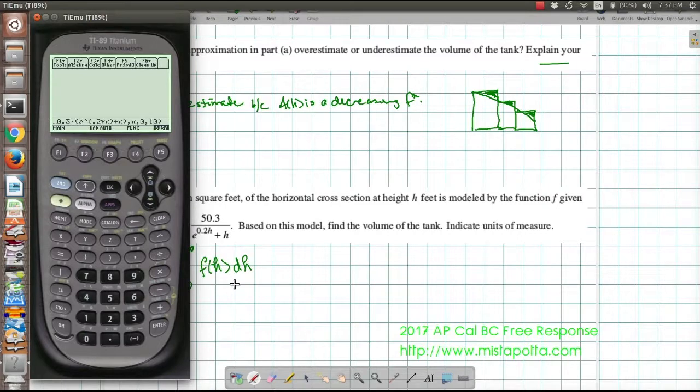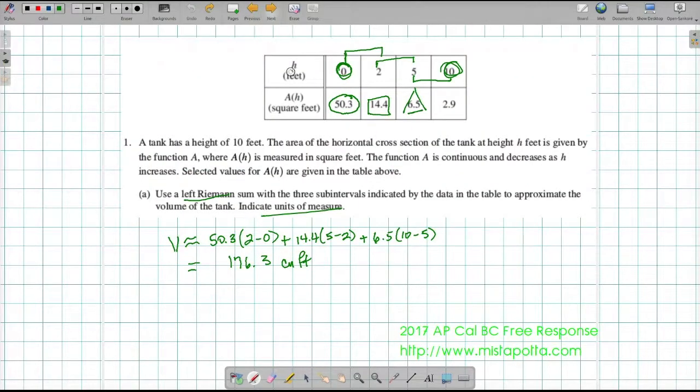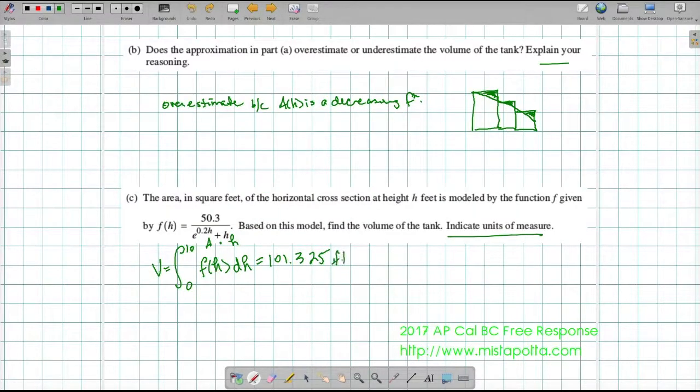And so when we do that, we get 101.325. And keep in mind, they want us to indicate units of measure. We're integrating area, and we're multiplying it times the height, so this is definitely a volume. So what were our units again? Cubic feet. So feet cubed. All right. So that's part C.